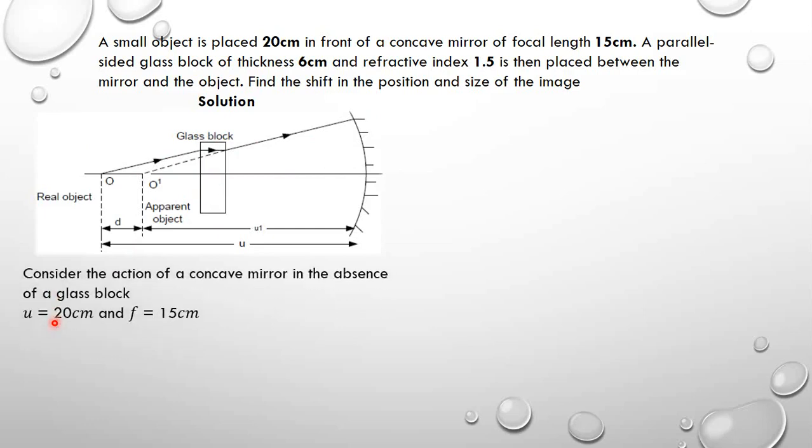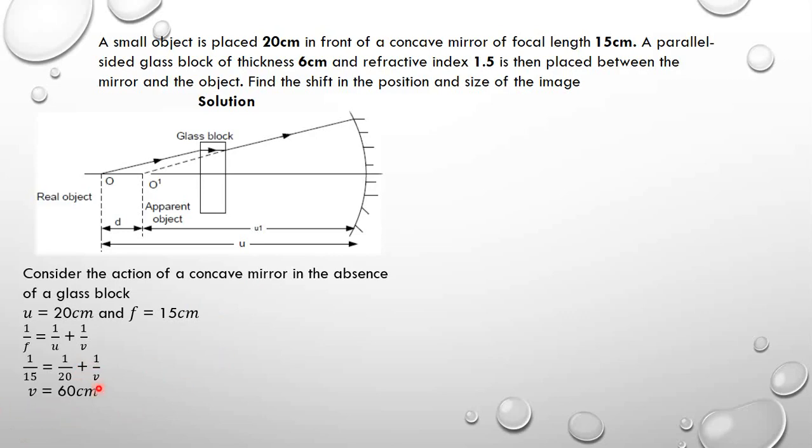So that is going to be 1/f = 1/u + 1/v. The object distance u is 20, and the focal length of that mirror is 15. So we shall replace 15 and 20, then make 1/v the subject. When we make 1/v the subject and cross multiply, we shall get v as 60 centimeters.